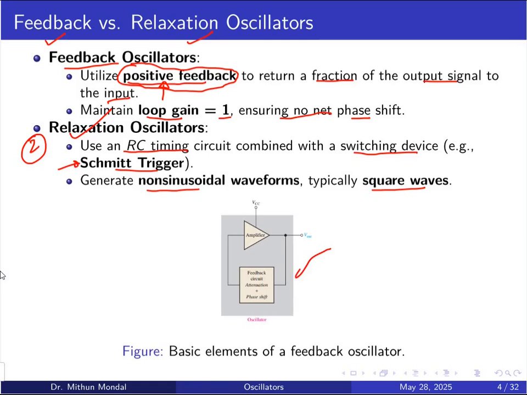Here you can see the basic elements of a feedback oscillator. A fraction of the output voltage is given as the feedback, so it may have attenuation and phase shifting, and it is given to the input of the operational amplifier, which can be a positive feedback or use an RC timing circuit.